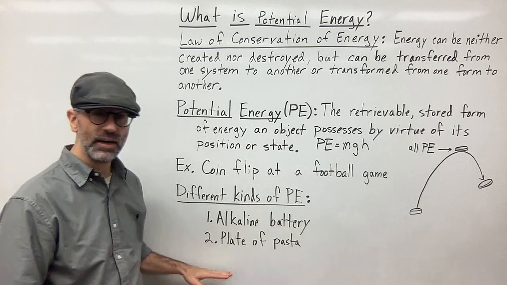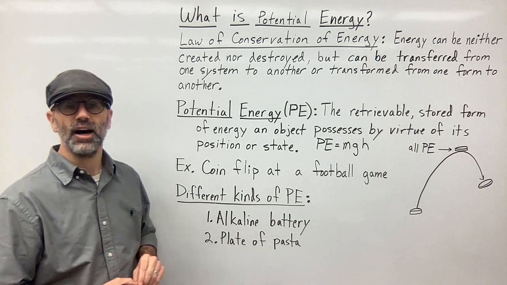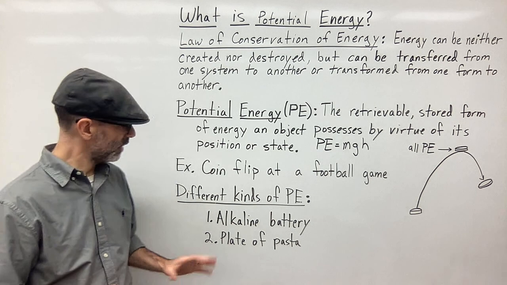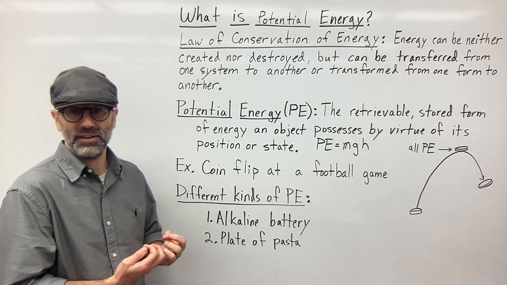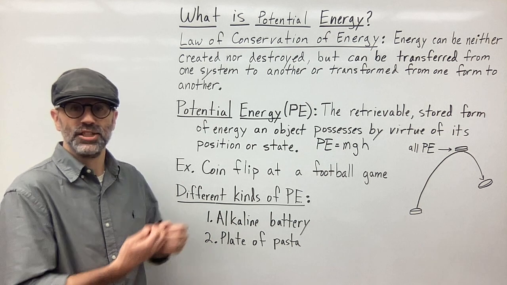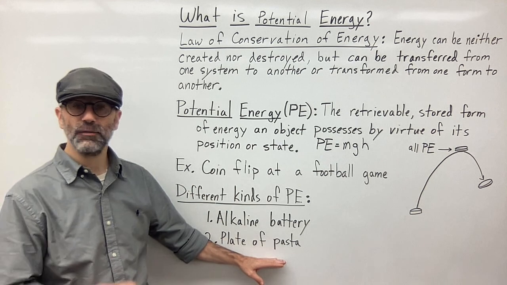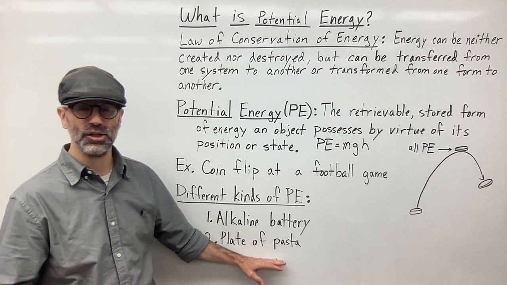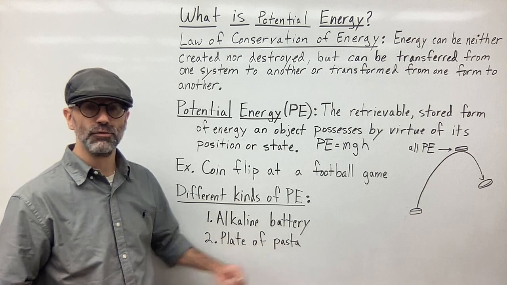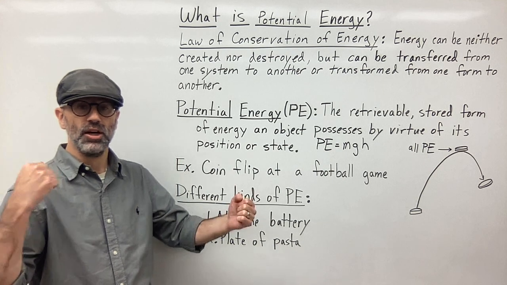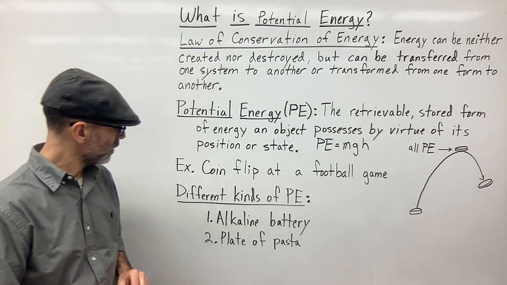Your plate of pasta has some chemical potential energy in the bonds of the molecules that make up the food you're eating. Those bonds can then be broken, that energy is released, and then that can be transformed into, again, different kinds of energy: heat energy, kinetic energy in the form of contracting your muscles and moving your arms, your limbs, things like that.